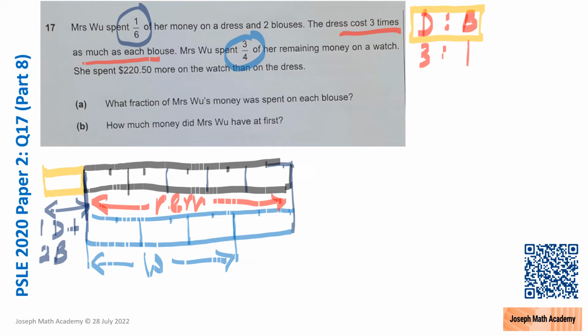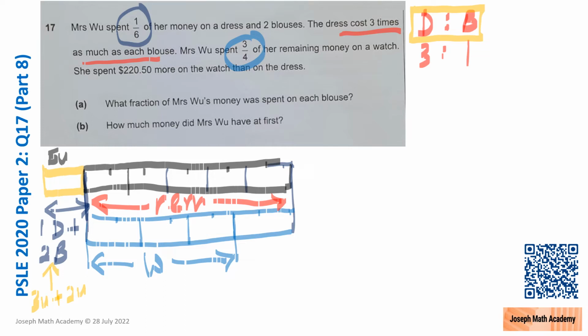All right, so if the price of 1 dress is 3 units and the price of 1 blouse is 1 unit, that means this over here should be 3 units plus 2 units. That is 5. So this is actually 5 units. Now, why 5 units?